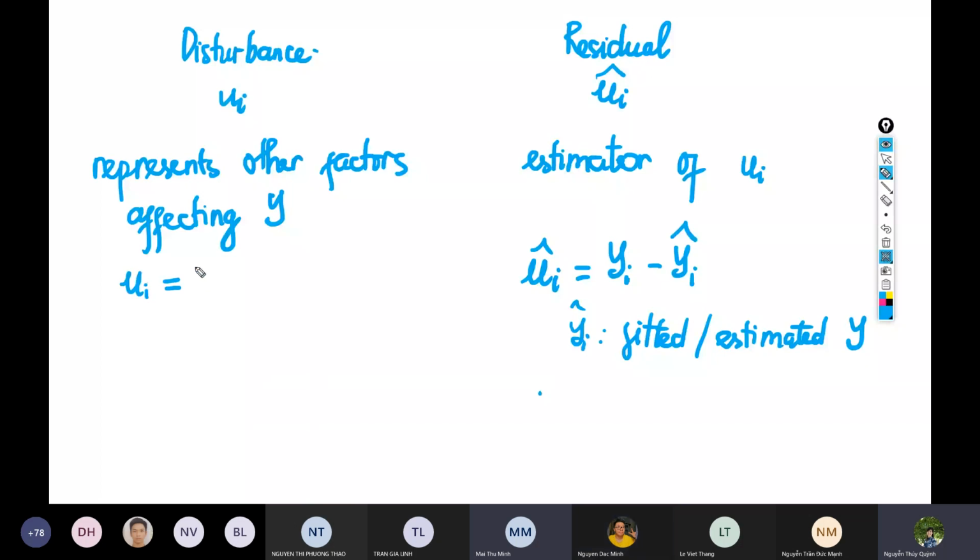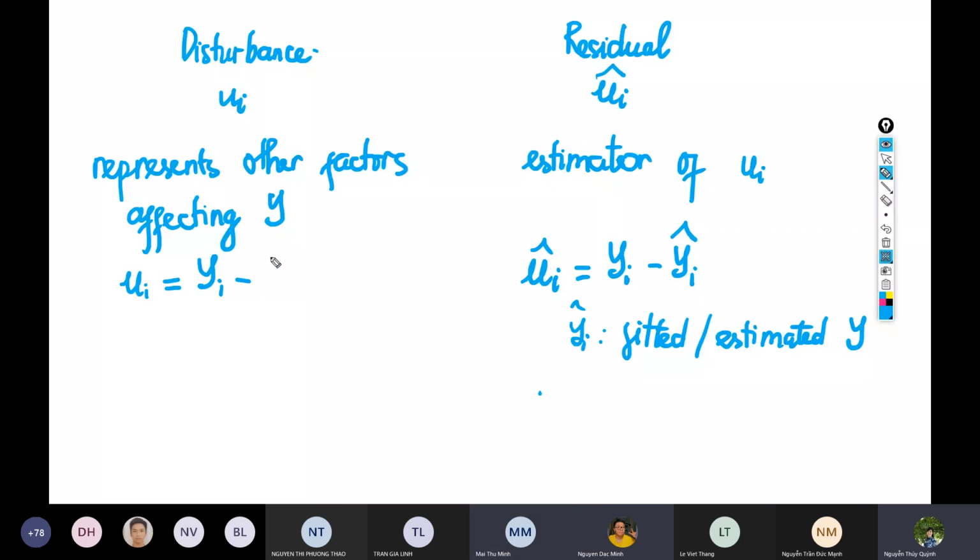I mean the expected value of y. Oh, okay. You can say that it is the difference between the observed value of y and the conditional expected value.